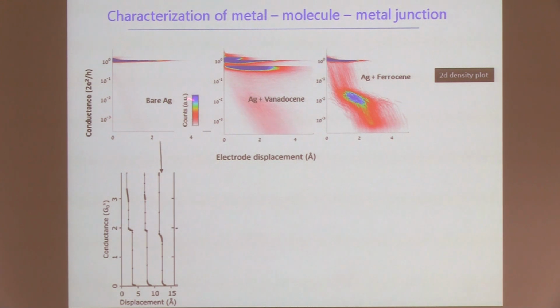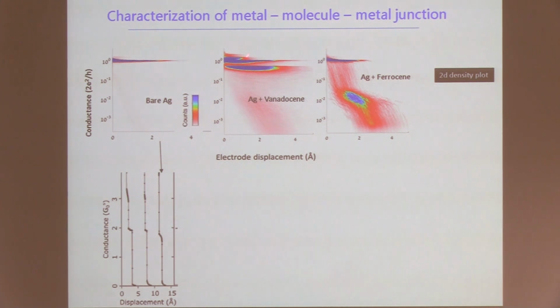What you observe in a clean silver junction is that there is only a 1 G0 plateau. 1 G0 means 2e²/h. These are a few traces of this junction, and I also plot 2 G0 s, where G0 s means e²/h, one spin conductance. Then you can see the tunneling regime, from where we calibrate our distance.